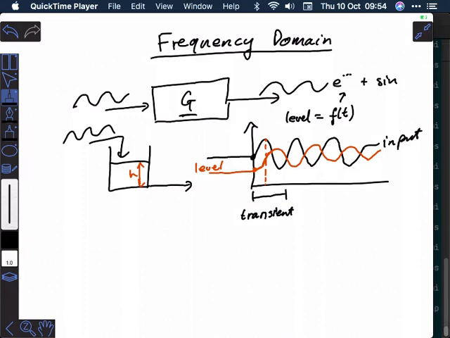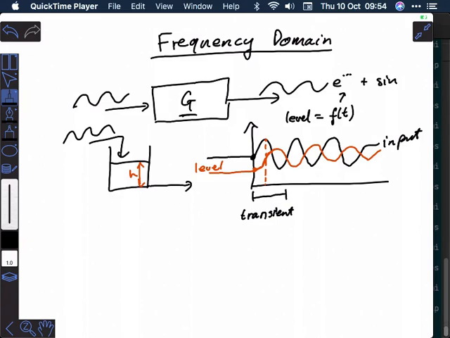And we say that there's this transient response because the transient response is effectively like the system going from steady state and being struck by this new sinusoidal input. In other words, there's a short time during which the response is just getting going, and we call that a transient response.